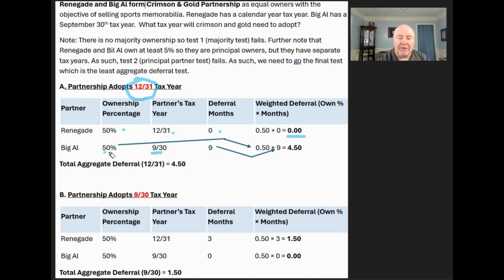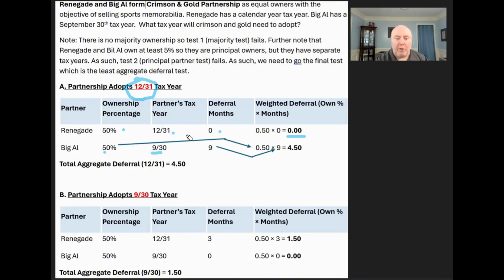Big Al owns 50%. If the tax year ended December 31st, how long until Big Al is going to report the income from the partnership? Well, we've got all of January, February, March, April, May, June, July, August, September, 9 months until Big Al has to report that income.